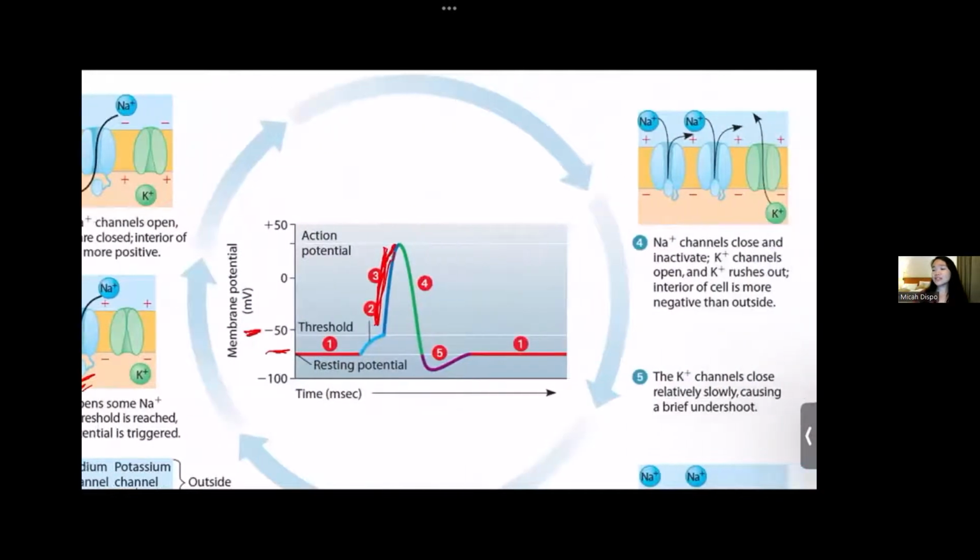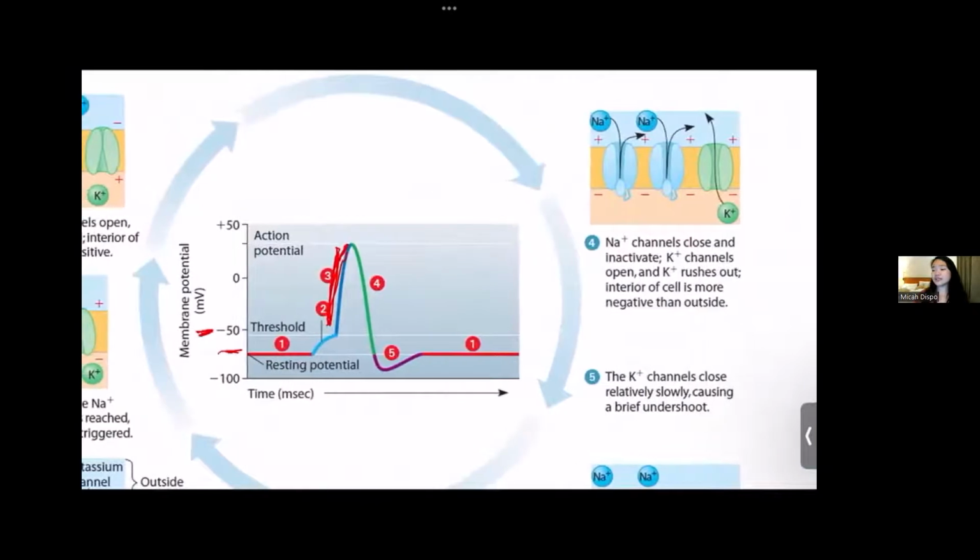And then once it reaches your peak voltage, so our peak voltage here is at around 30 millivolts, this would now trigger the sodium voltage gated channels to close. So once this peak has been reached, this will trigger the closing of our sodium ion voltage gated channels, and they will now become inactivated. So hindi na pwedeng pumasok ang sodium ions.